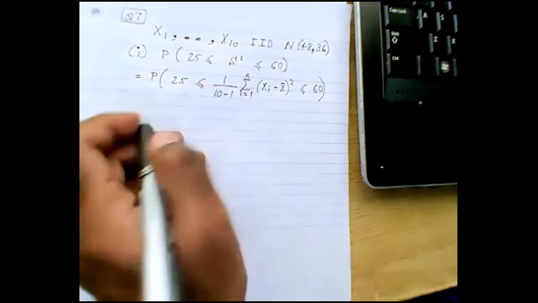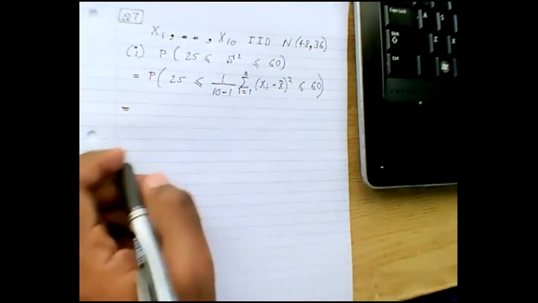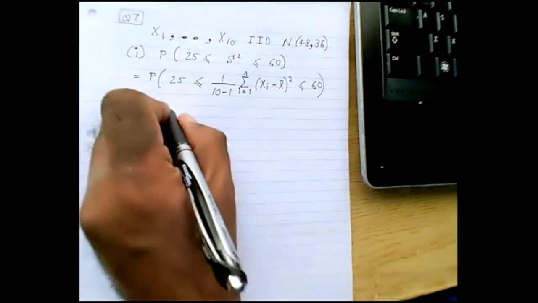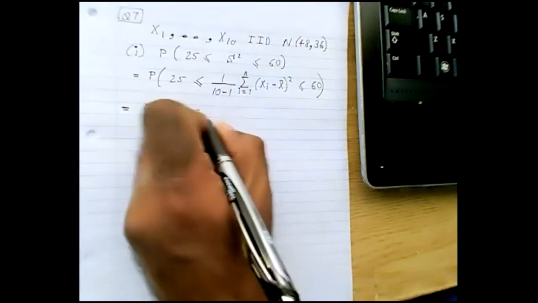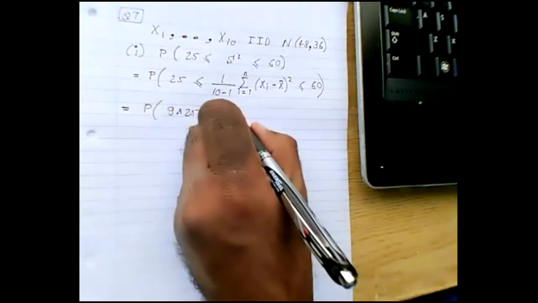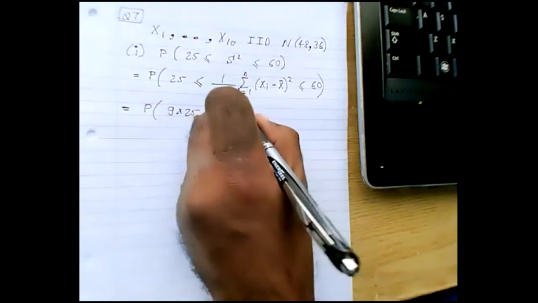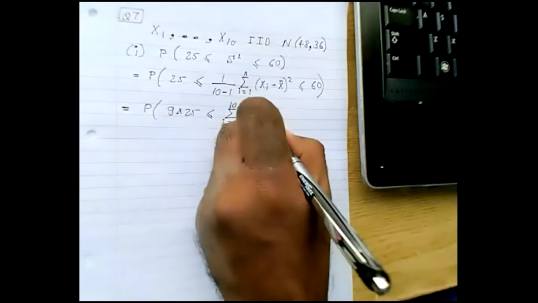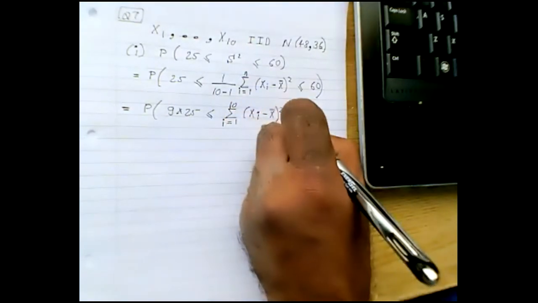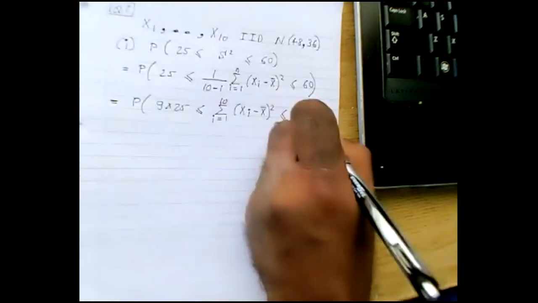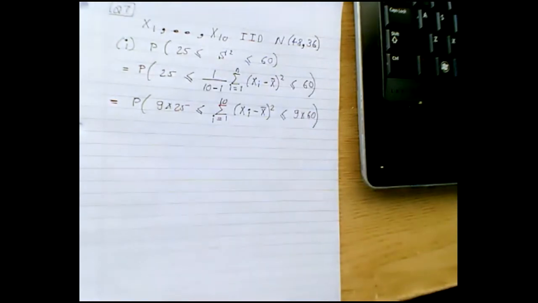Now, what I'm going to do in the next step is I'm going to multiply everything by 9. All right, so this is going to be 9 times 25 less than or equal to... okay.